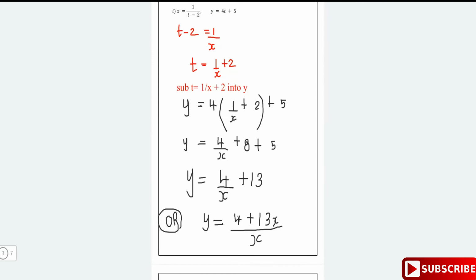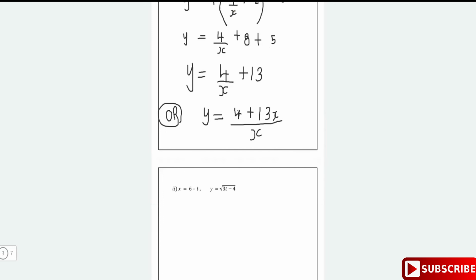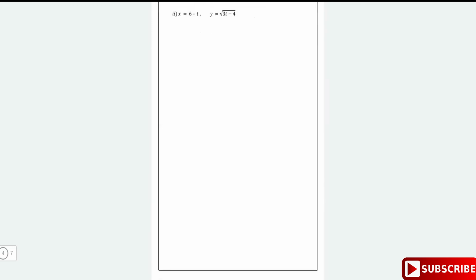Let's look at another example. This example says x is equal to 6 minus t and y is equal to the square root of 3t minus 4. Find the Cartesian equation from this. First we make t the subject from this one.